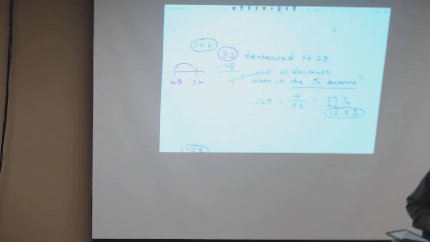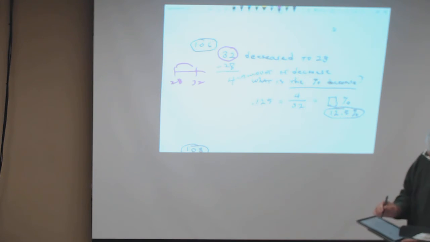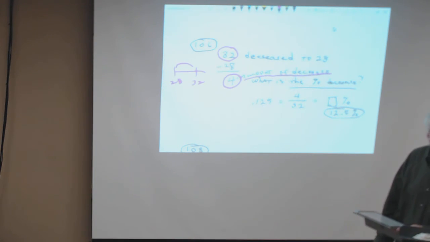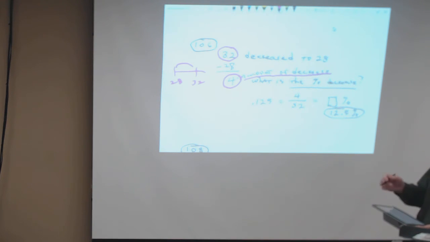On a number line. If 32 is decreased to 28, then 4 is the amount of the decrease. Everybody agree? 32 minus 28. But look what they want to know. They don't want to know the amount of decrease. They want to know the percent of decrease.